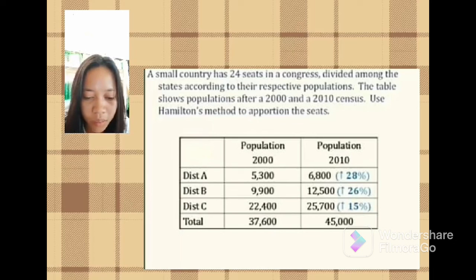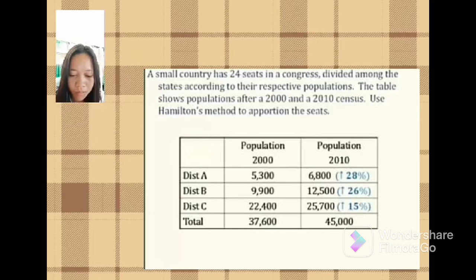In State A we have 5,300, State B 9,900, State C 22,400. The total population in 2000 is 37,600 and the total population in 2010 is 45,000.